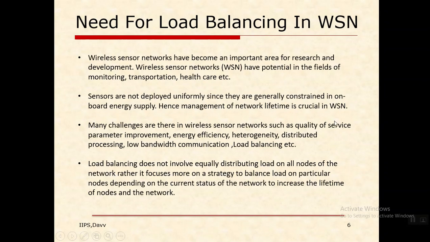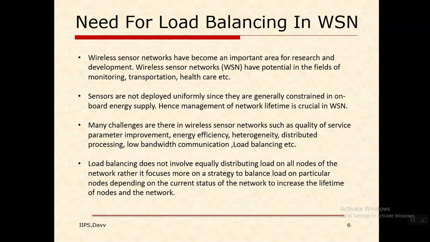So why do we require load balancing in wireless sensor networks? As we all know, wireless sensor network is an important area of research and development. But in this sensor network, it is not necessary that sensors are deployed uniformly, because there is a constraint. There is an energy constraint to which the sensors are bound.